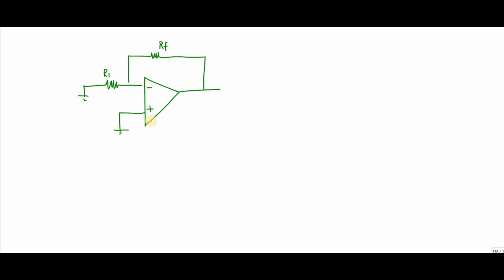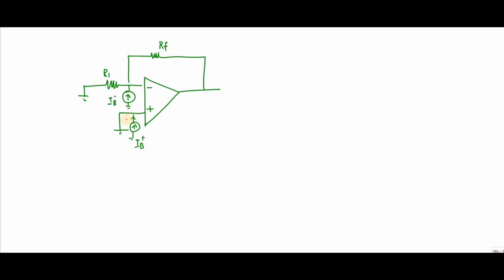Let me assume this is how the circuit looks. This is nothing but an inverting amplifier, and let me term the current as IB minus, and the current flowing through this one as IB plus.